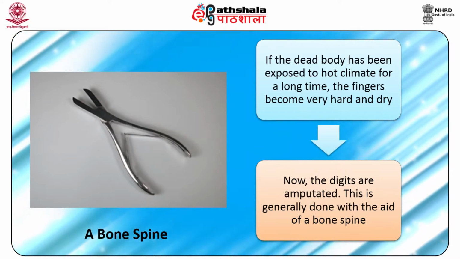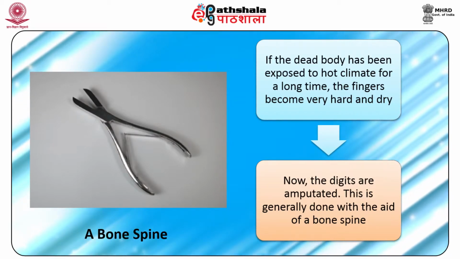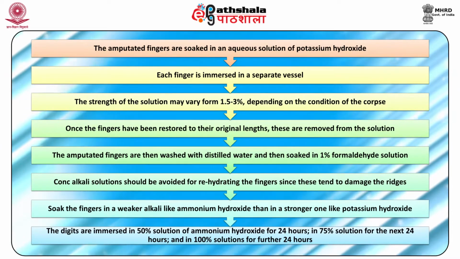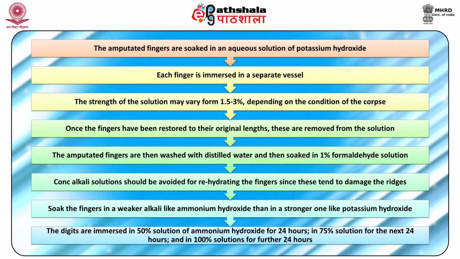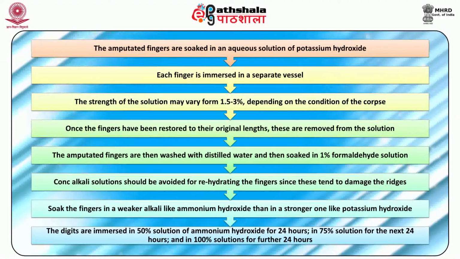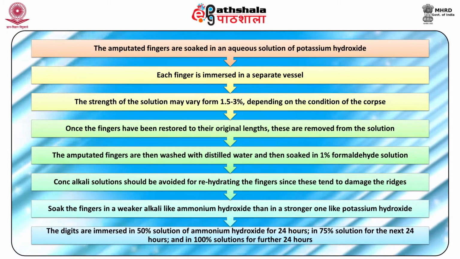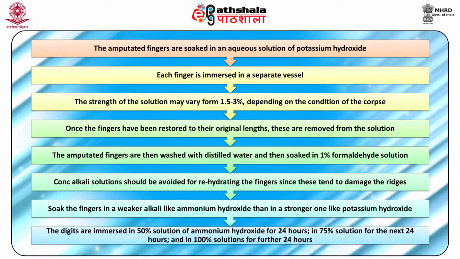This is generally done with the aid of a bone spine. The amputated fingers are soaked in an aqueous solution of potassium hydroxide. Each finger is immersed in a separate vessel.